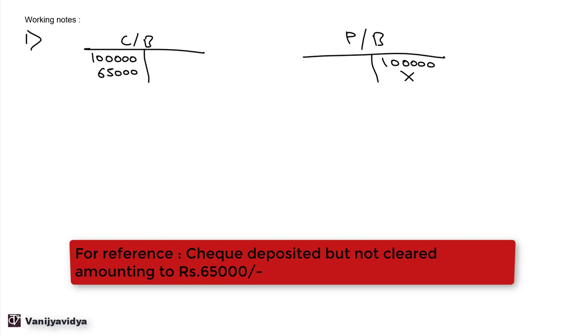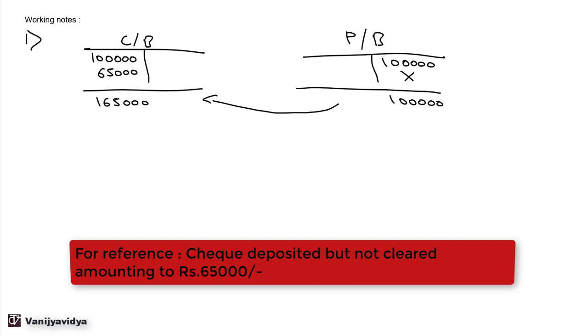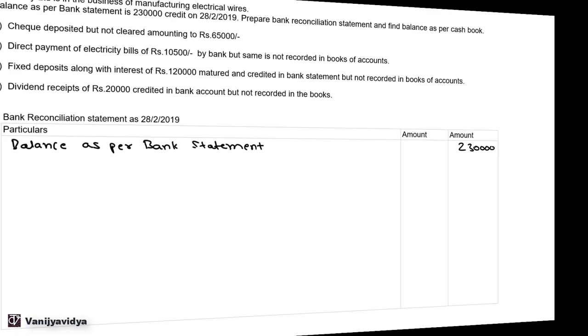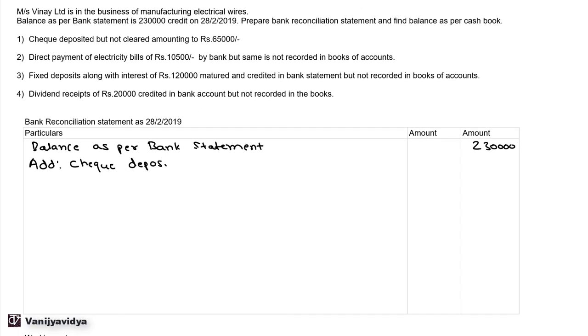Since it's not cleared, there is no entry in the passbook. So balance as per cash book is 1,65,000, as per passbook 1 lakh. Now we are moving from passbook to cash book, so we have to add 65,000 in the bank reconciliation statement. Let's add it: add check deposited but not cleared, 65,000.